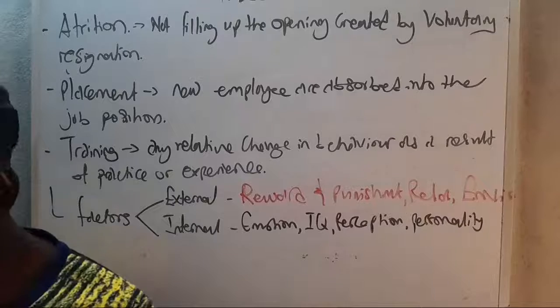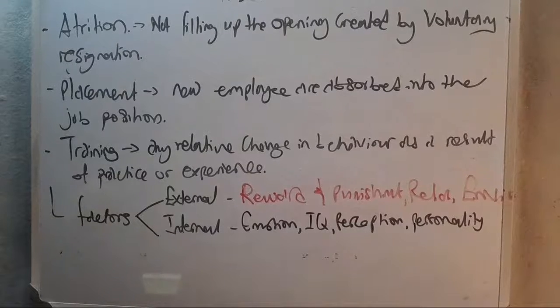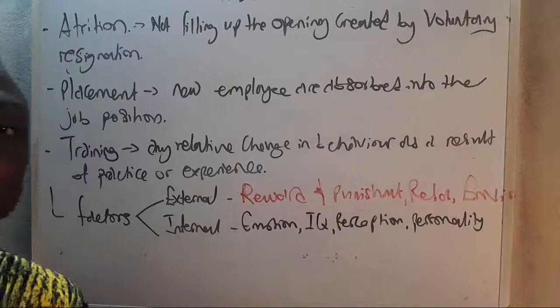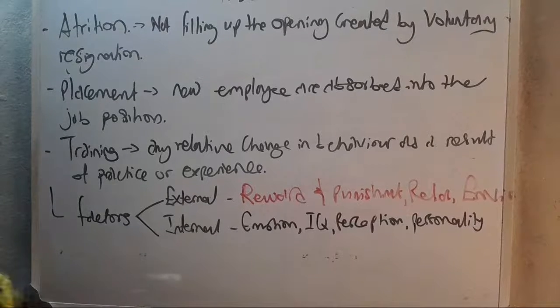Now, concluding with training slash learning, speaking of the internal and external factors, moving on, we have what is called inhibitions.